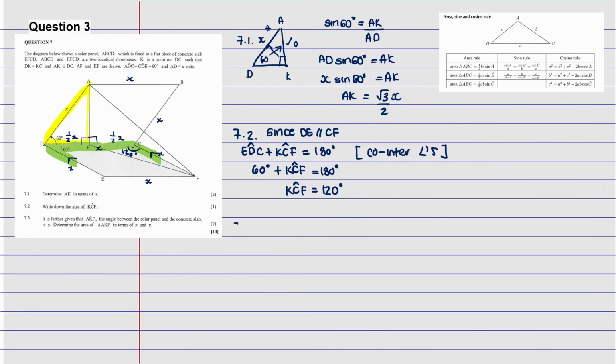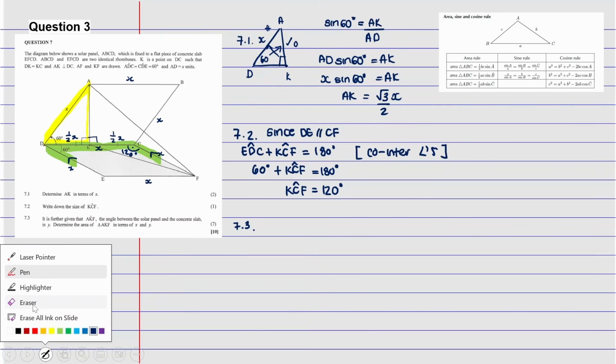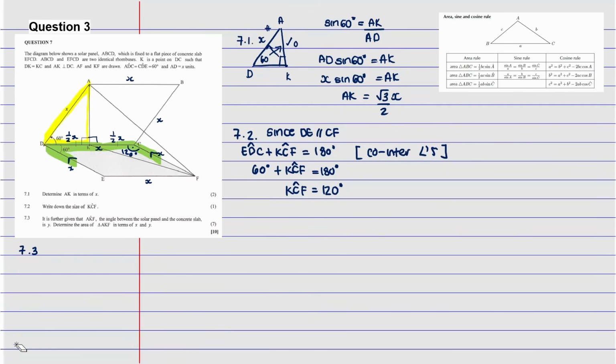Then the last question, which is 7.3, it says the following. Let's just do it here if we need more space, right? It says, if it's further given that AKF, the angle between the solar panel and the concrete slab, is Y. So let's go find that A. So A is here, and then AK.